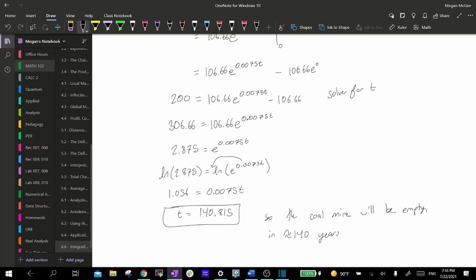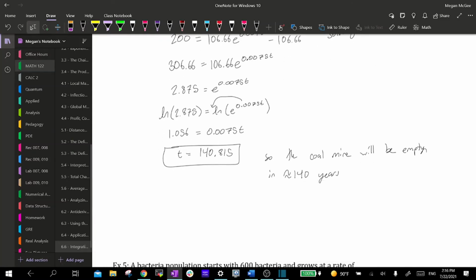Approximately 140 years. Okay, and if you wanted to double check your answer, we can double check by taking our integral from 0 up to our t value that we were interested in, which is 140, of our 0.8 e to the 0.0075t dt, and I just plug this into a calculator, and you end up with 200 tons, which was the total amount of coal that we started with in the mine.